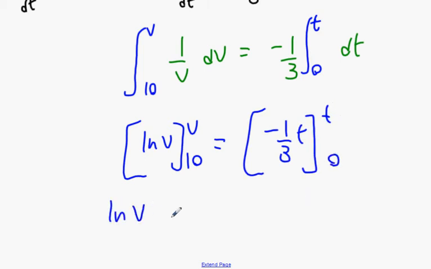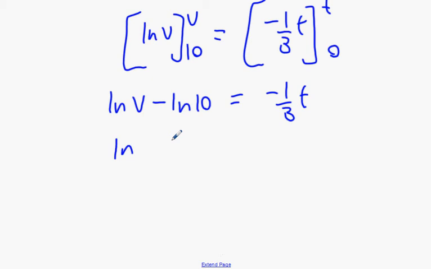ln v minus ln 10 equals minus 1/3 t. ln v over 10, using the log rule for subtraction, equals minus 1/3 t. E equals, my fault. v over 10 will therefore equal what, guys? Anybody tell me?